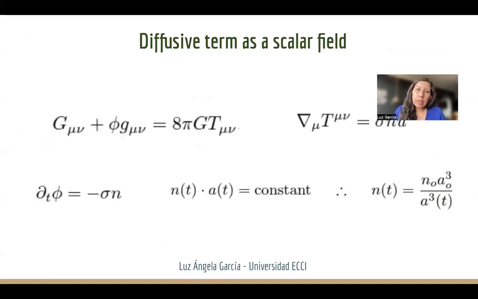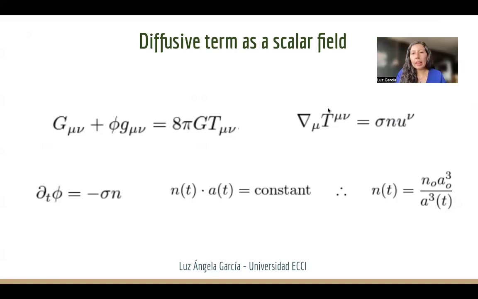We can do this in two different ways, and those are the ways I'm going to explore during this talk. The first one is by introducing a scalar field phi, included in the left-hand side, the geometric side of the Einstein equations. And we're going to include in the stress tensor a component sigma that accounts for the diffusion.